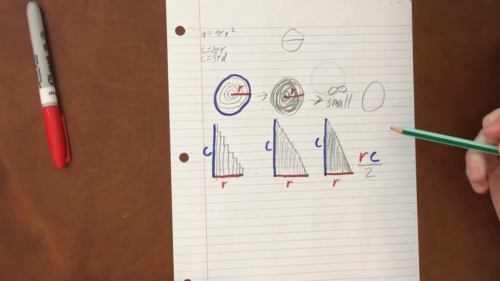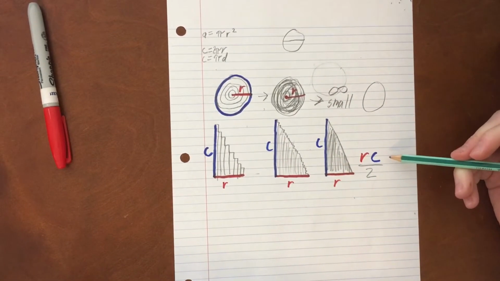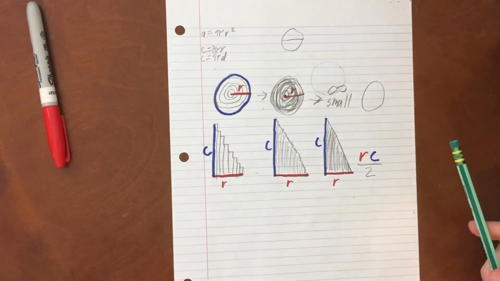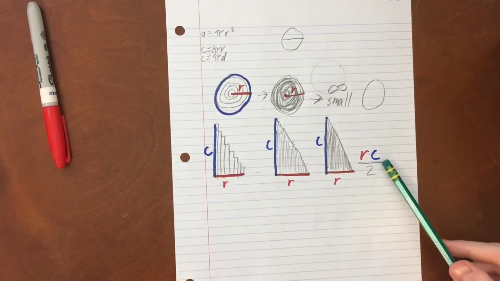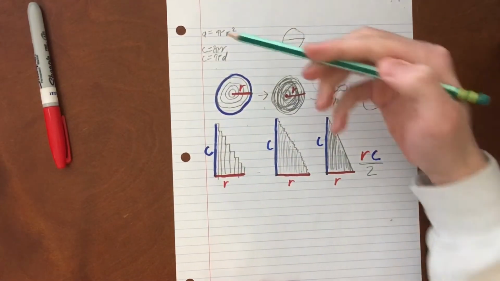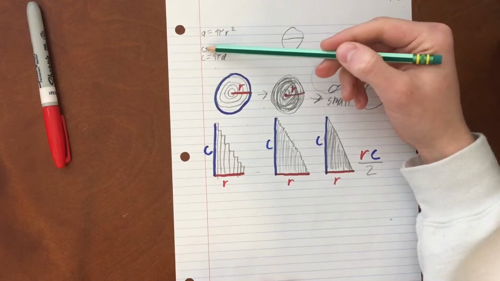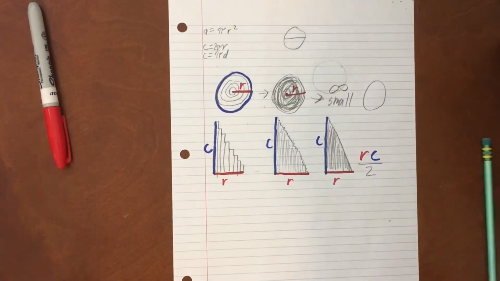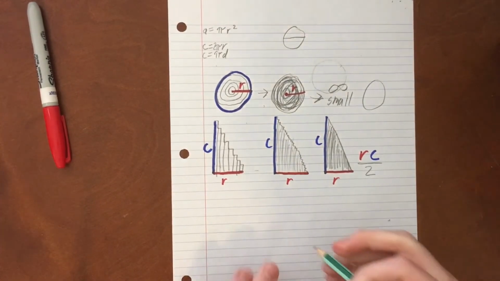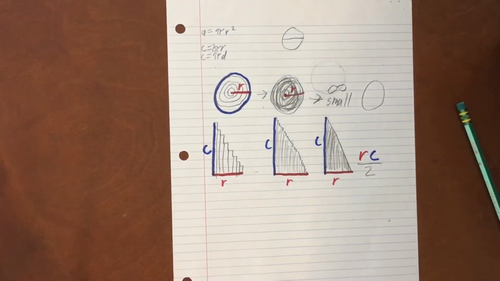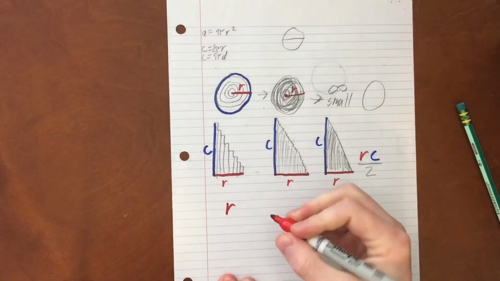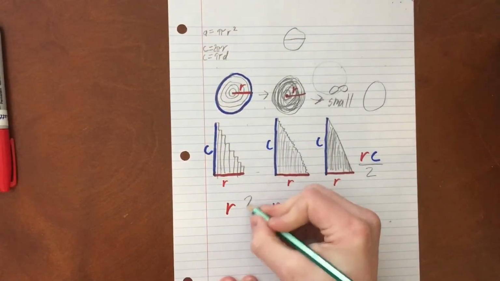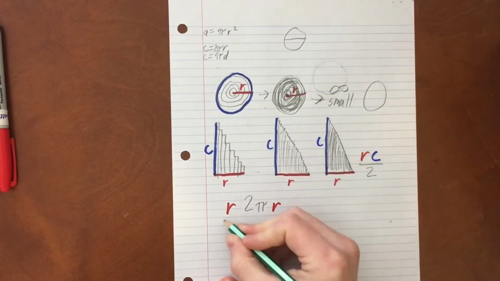But could we simplify this to make it look a bit cleaner? Which we can, spoiler. We can substitute the circumference in terms of the radius. From up here, we know that the circumference is the same as 2 pi r. So substitute that in: r times 2 pi r, divided by 2.